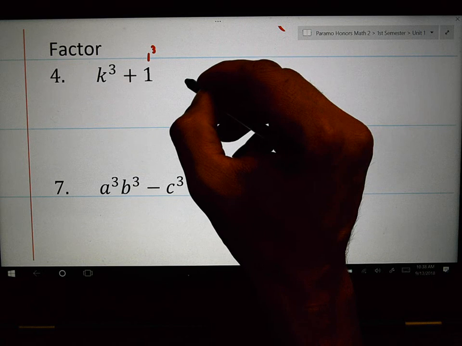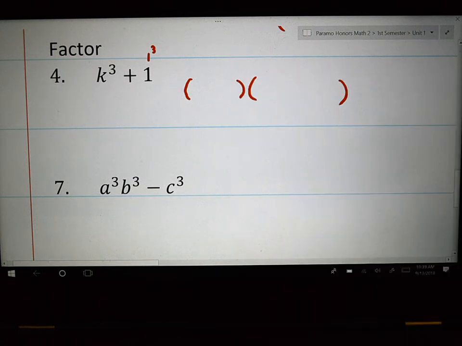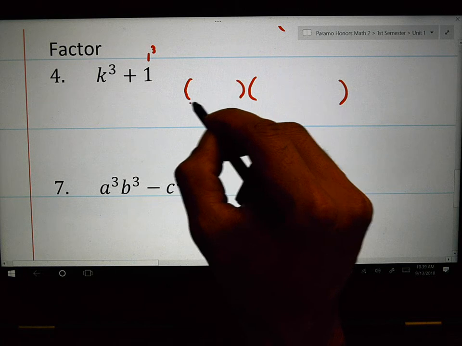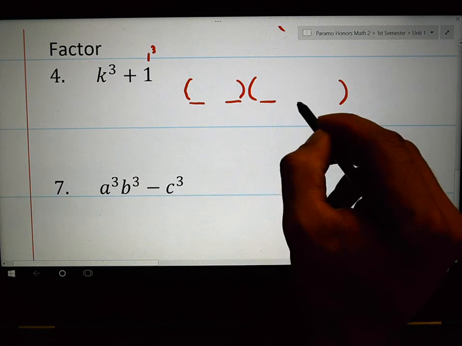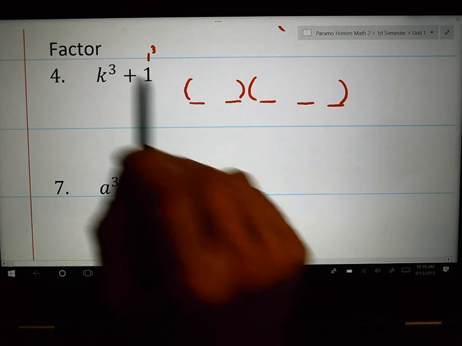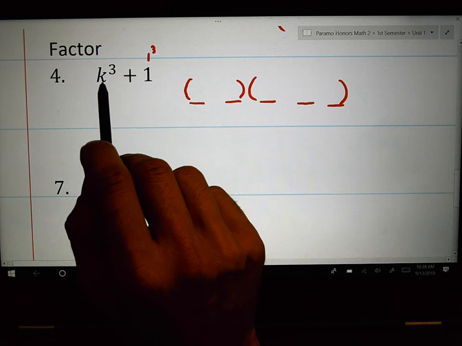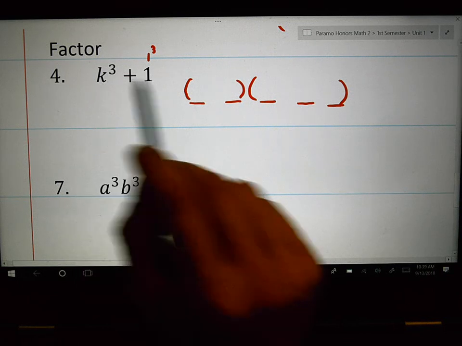You're going to set up a parenthesis and another parenthesis. There are going to be 5 slots. 1, 2, 3, 4, 5 slots. Using the pattern, you look at this first cube and you think about what is the cube root of k to the third, and that's what goes here.